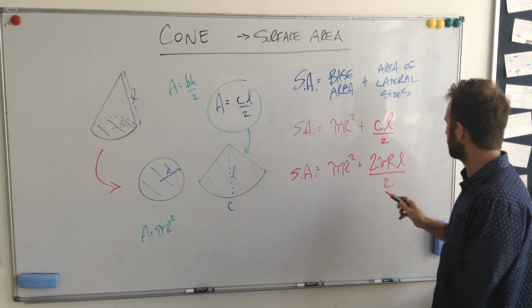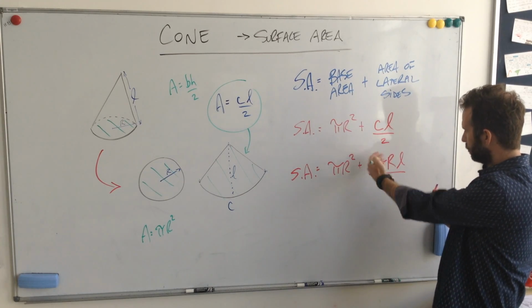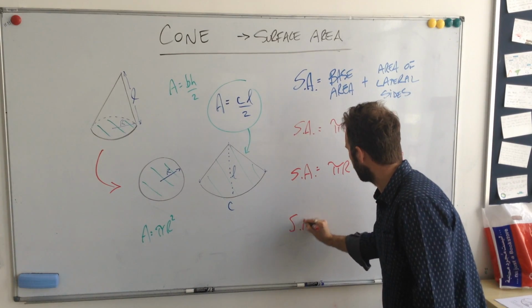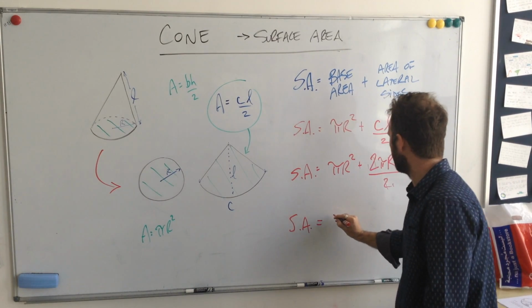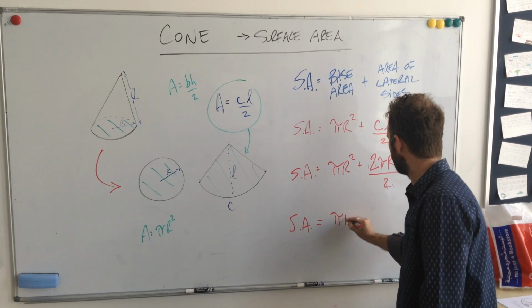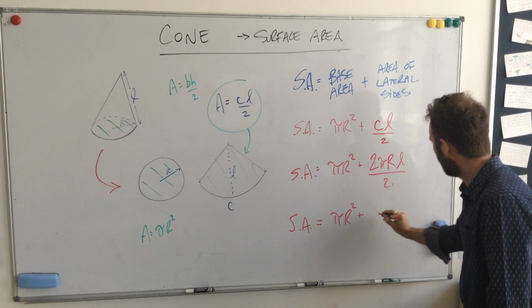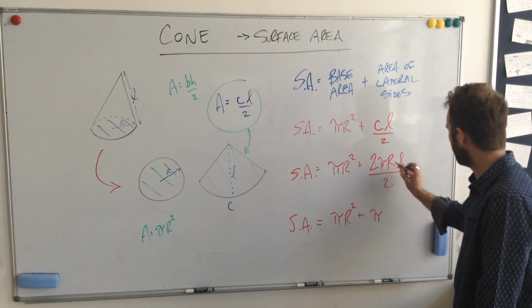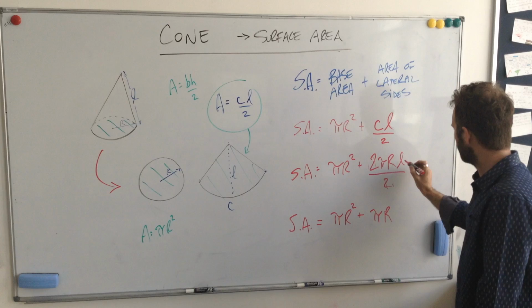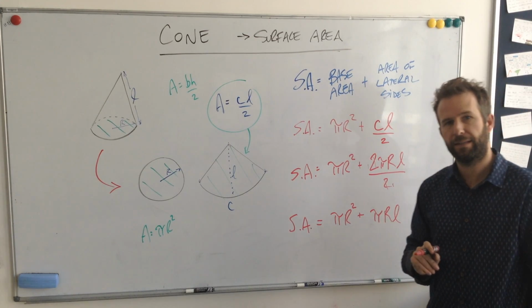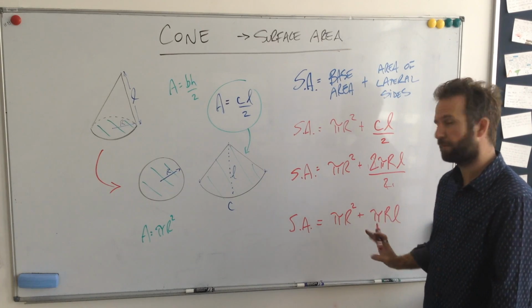Those can be canceled, because 2 over 2 is 1. So in the end, our cone surface area formula ends up as pi r squared plus pi times the radius times the slant height. And that is the formula for the surface area of a cone.